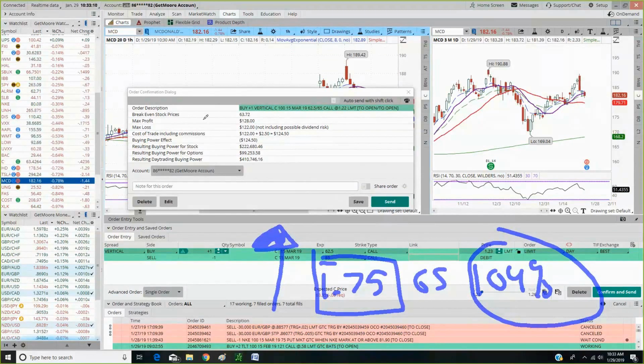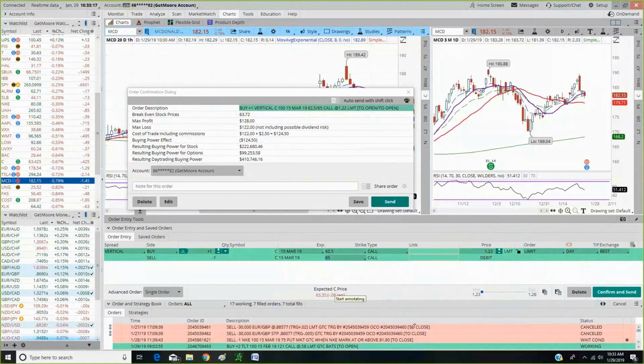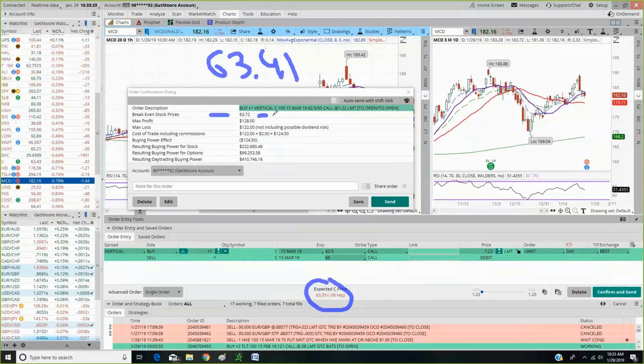Oh, by the way, look at the break-even. The break-even is $63.72. So somebody tell me, if the stock right now is at $63.41. I'm just looking down here. It's changing. And my break even is $63.72.